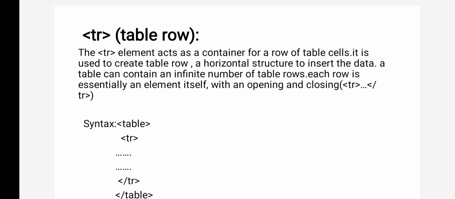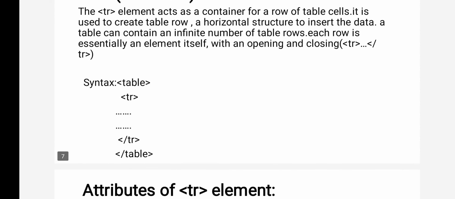It is used to insert the data. And in one table you can create n number of rows. There is no limit that you should create only this many rows or that many rows. You can create as many rows as you want in a table, but only one condition is there.